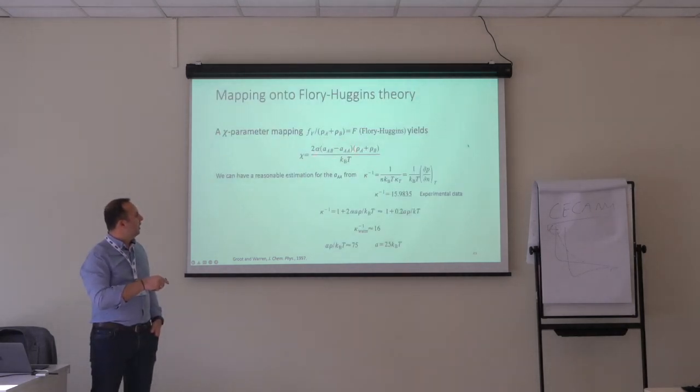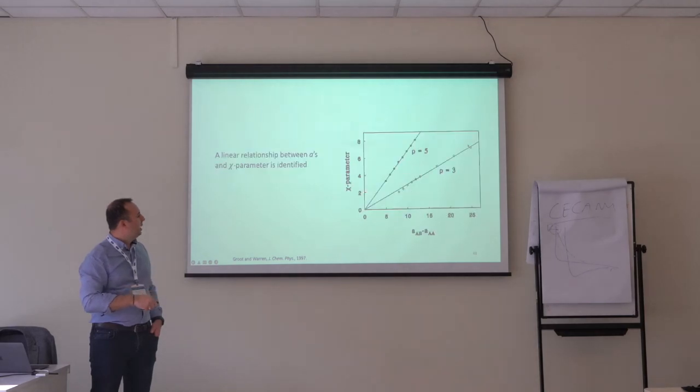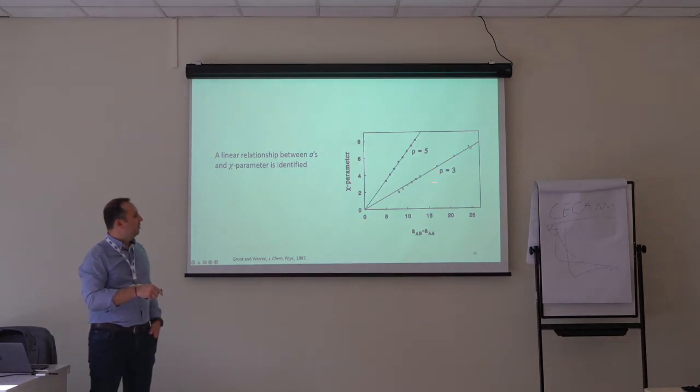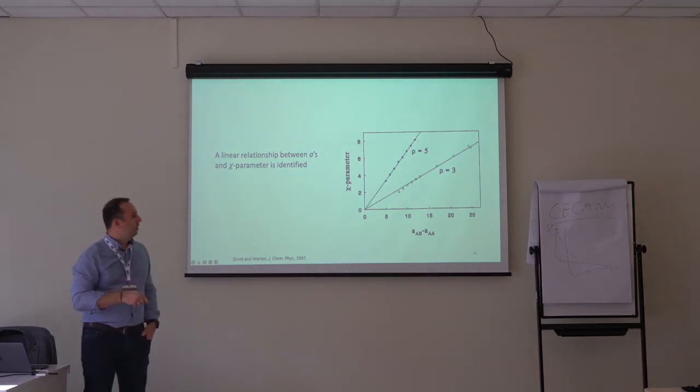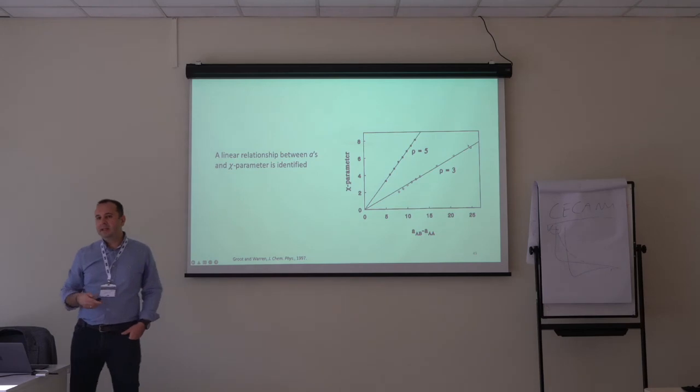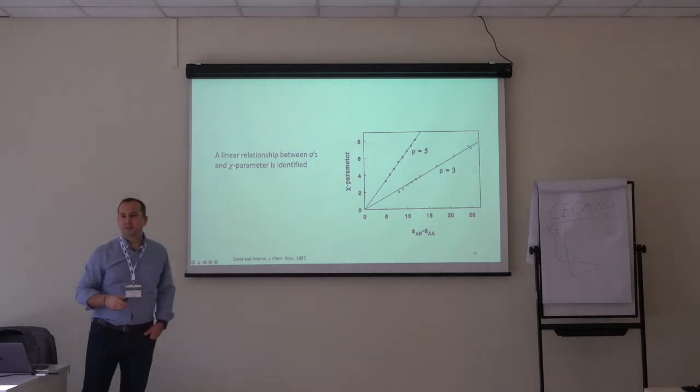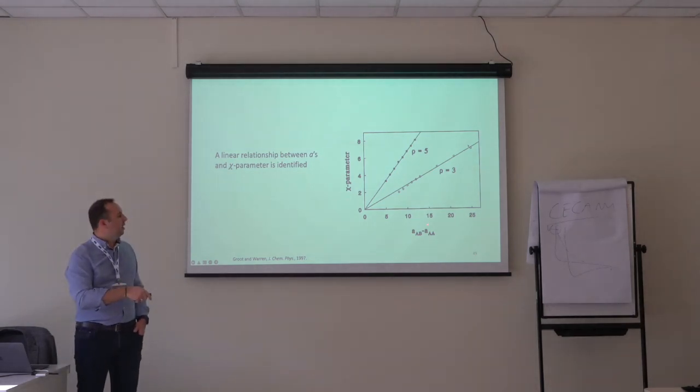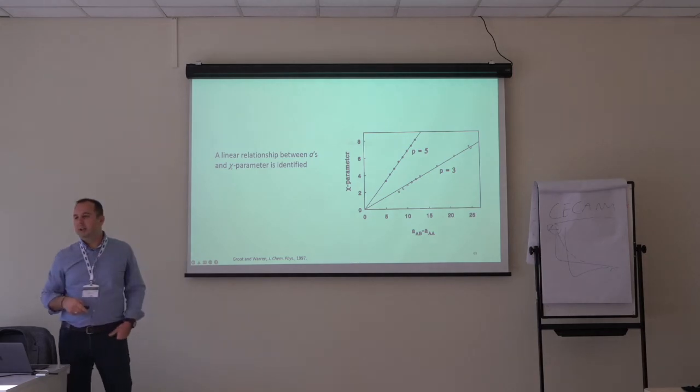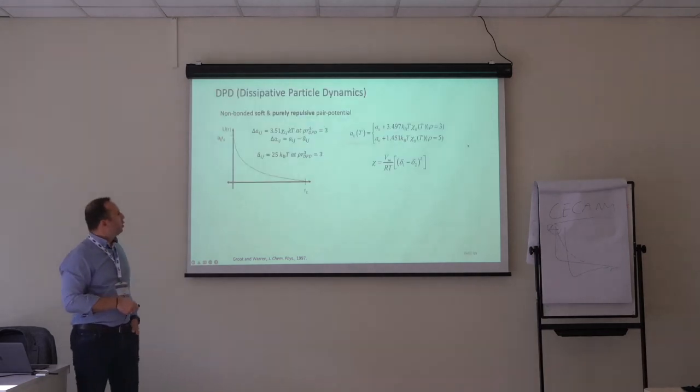They established a linear relationship from the mapping, and from the simulations they also estimated this linear behavior. For a different number density, they have the delta A, the excess repulsion, and the chi parameter related by a linear line. That is also a nice feature, because now if you know chi, then you can estimate the delta A. So how do you know chi?